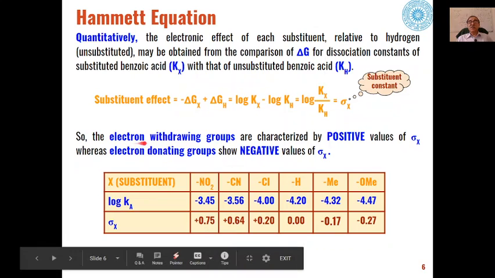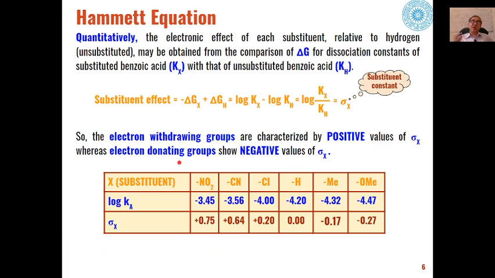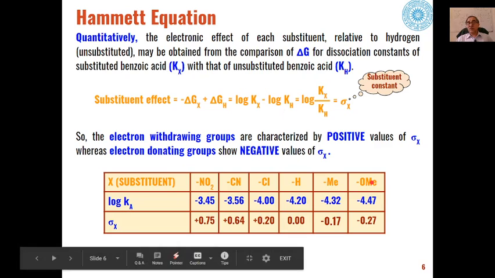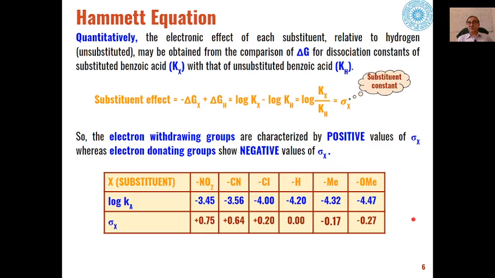You can see that the sigma x value for electron withdrawing groups is positive in all cases and negative in all cases where the substituent is electron donating. Methyl is electron donating and methoxy is electron donating, so they have negative values for sigma x.